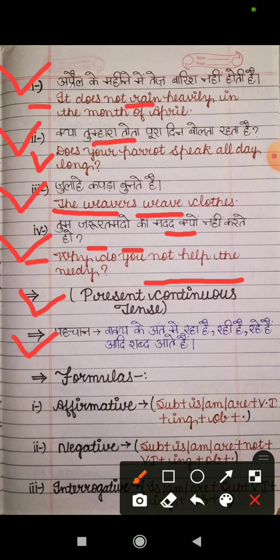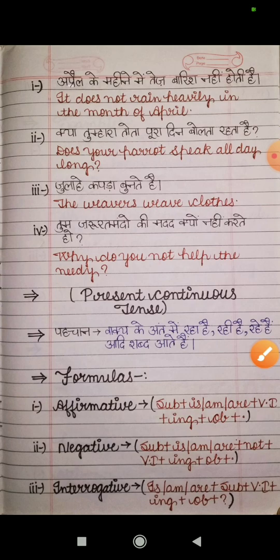If we have to form an affirmative sentence of present continuous tense, there will be subject, is, am or are according to the subject, verb first form plus ing, object, and then full stop. Second, for a negative sentence of present continuous tense, subject, is, am or are according to the subject, then we will use not, then verb first form plus ing, then object and then full stop.